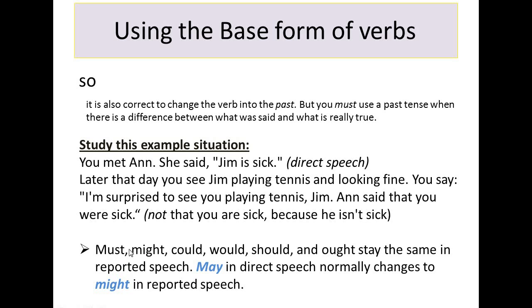But must, might, could, would, should, and ought to stay as they are, with no change.